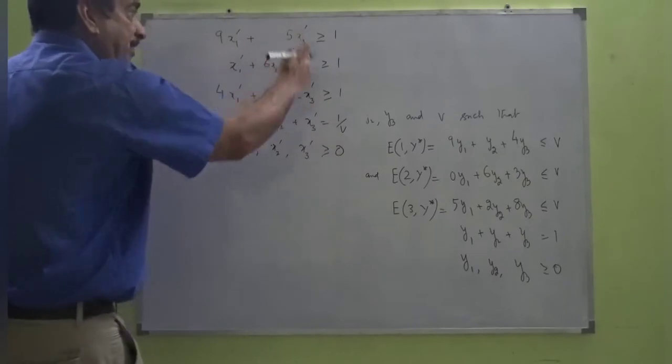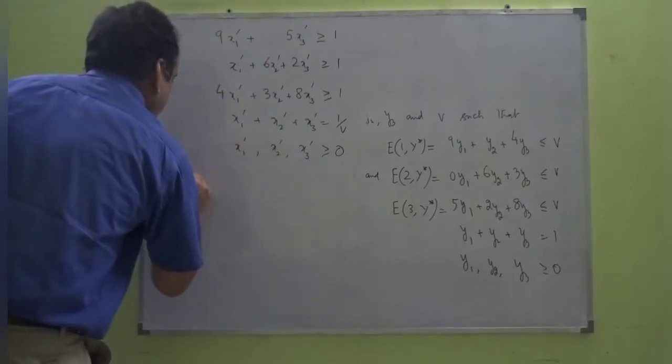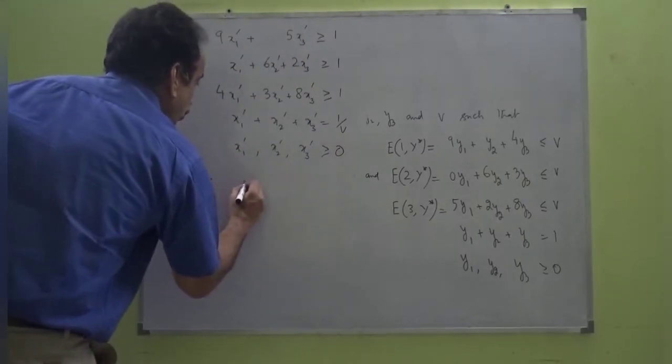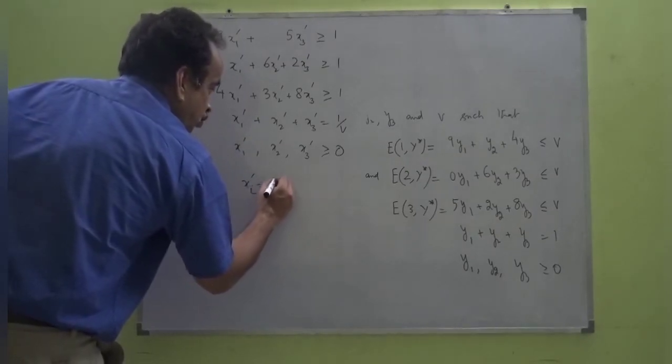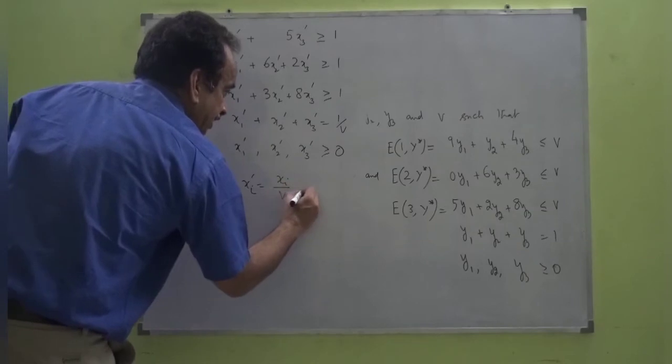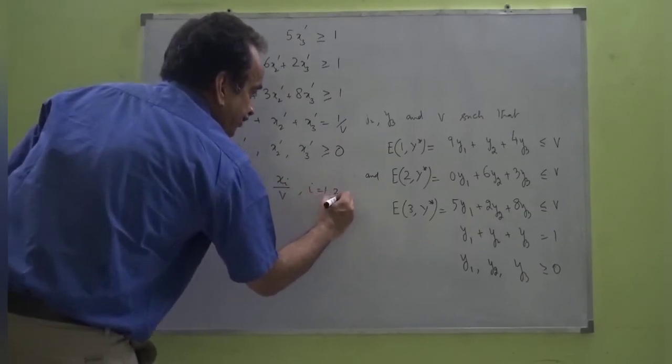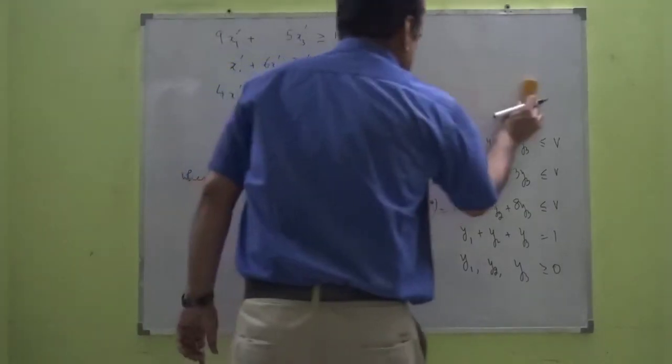We have divided all the relations by V, where xi dash is equal to xi by V, i varies from 1 to 3.